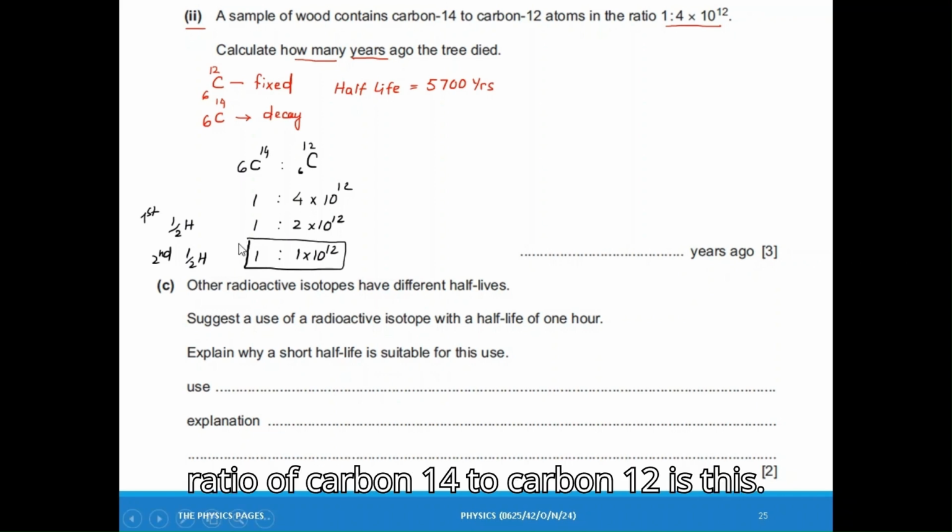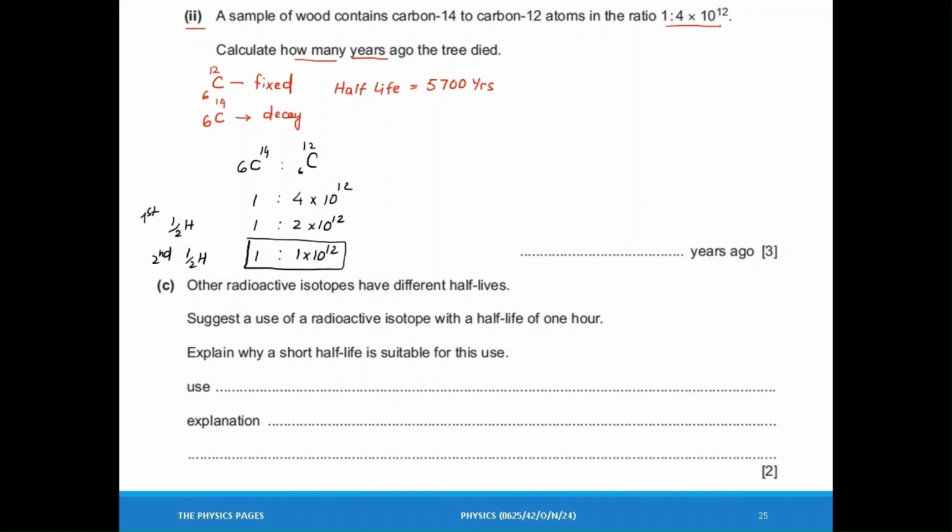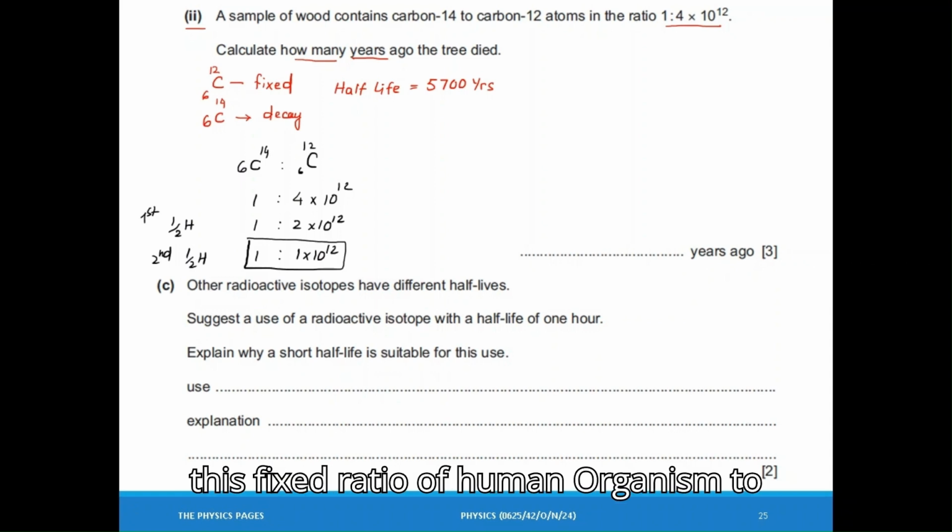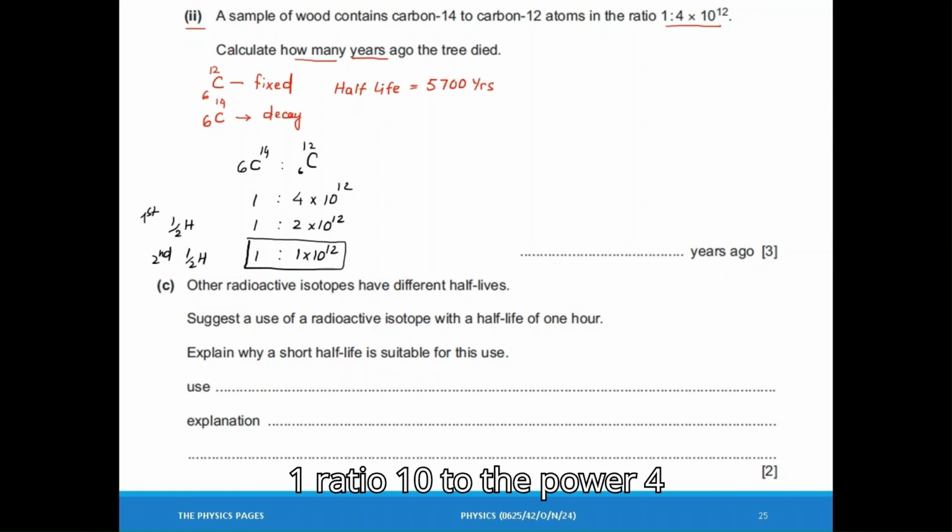Usually the ratio of carbon 14 to carbon 12 is this. To move from this fixed ratio of a living organism to a ratio of 1 to 4 times 10 to the power 12 is having two half lives.